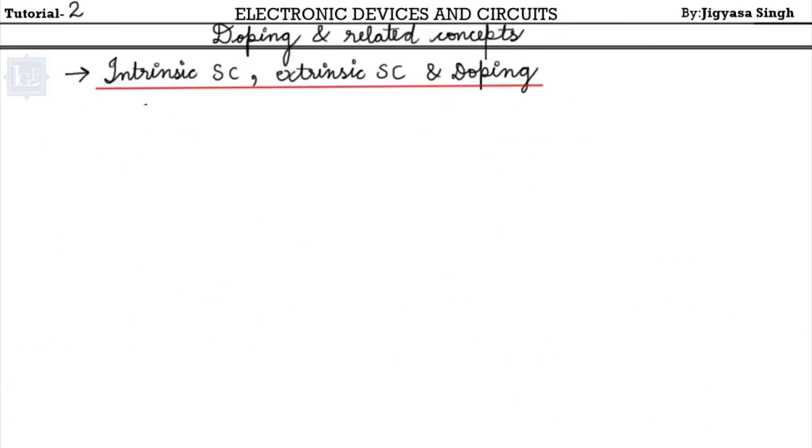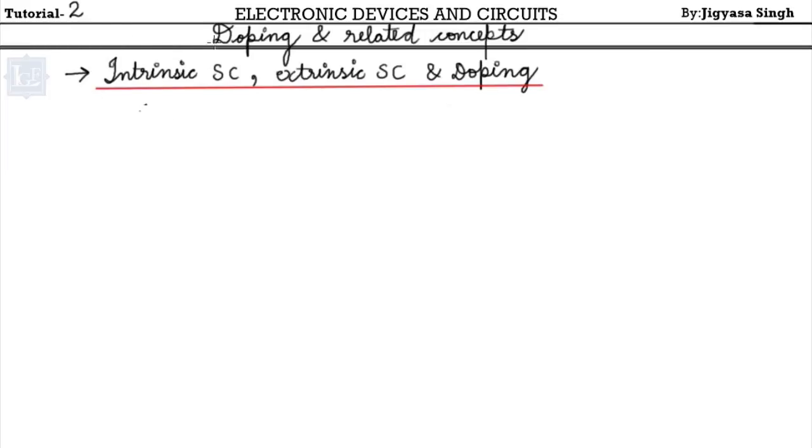So now let's come to intrinsic, extrinsic and doping. This is the most favorite topic of students, and all of you know about this. If any one of you does not know about this topic, then hello, hi, good morning. I made this video especially for you.